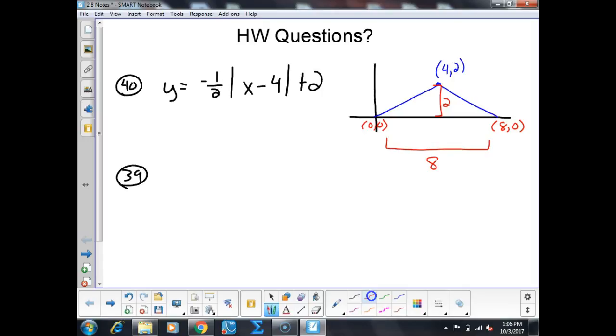Now, luckily for them, that building was an upside down absolute value one. And so it went through the origin. It went through the point 69, 140, and it went through the point 138, 0, if I'm not mistaken.